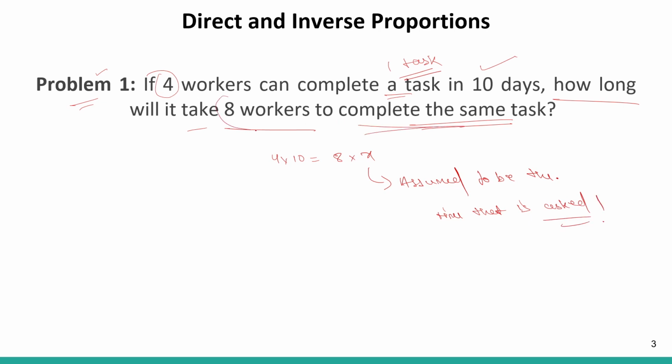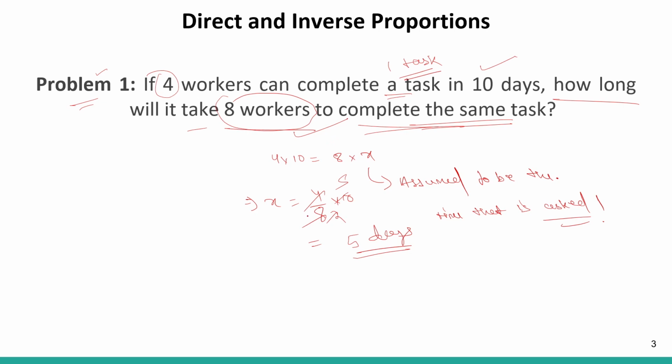So x is equal to 4 by 8 into 10, which is 1 by 2 into 10, so it will be 5. So for 8 workers it will take 5 days to complete that same task.